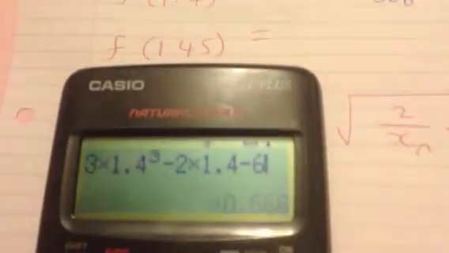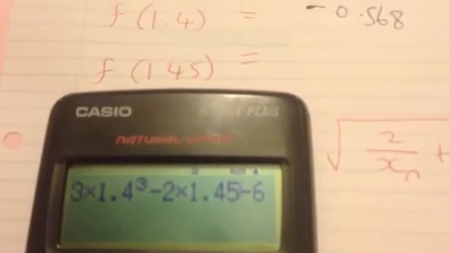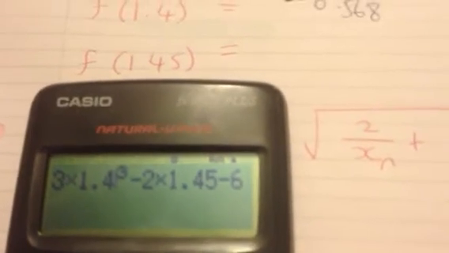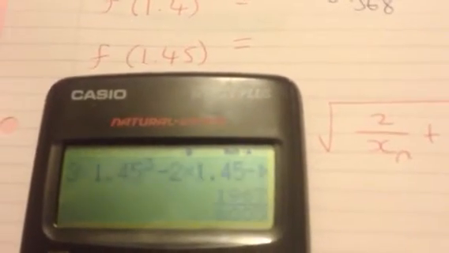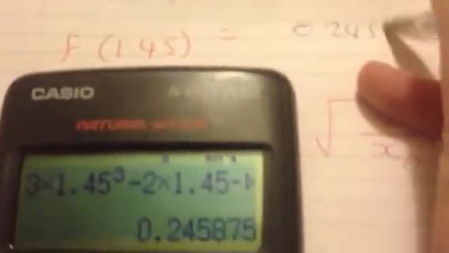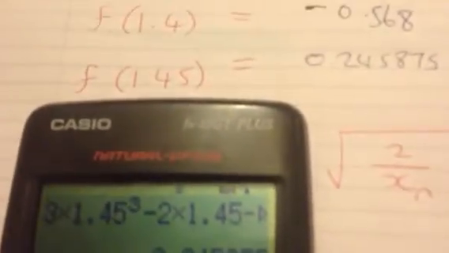Now when I type 1.45 in, I'm going to take a bit of a shortcut here, change that to 1.45, and I get here 0.245875. So basically, in between 1.4 and 1.45, I'll have my answer of 0.